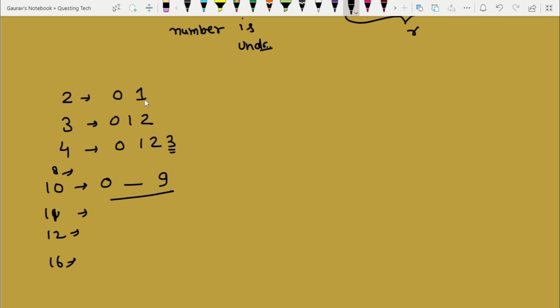Like in computers, we usually use base 2, or usually is a strong word, I am saying that most of the time we use base 2.